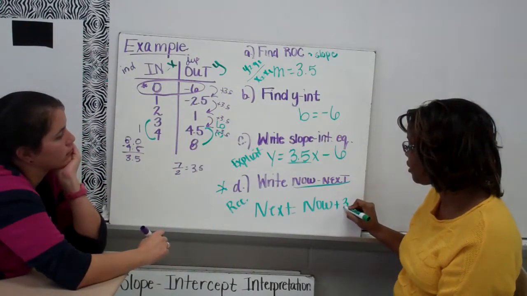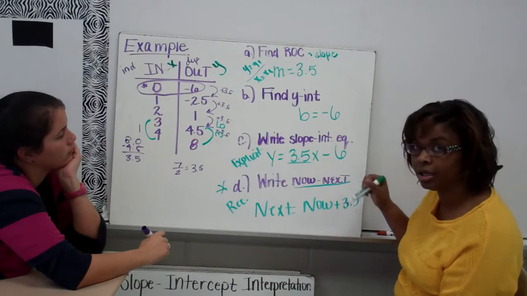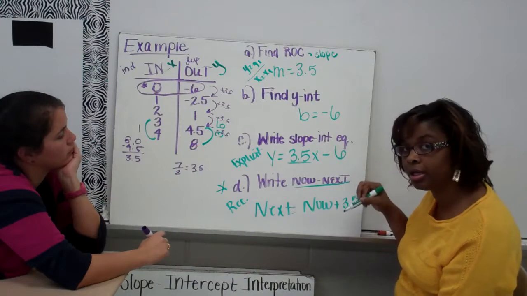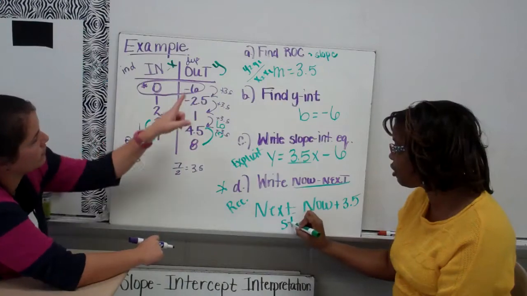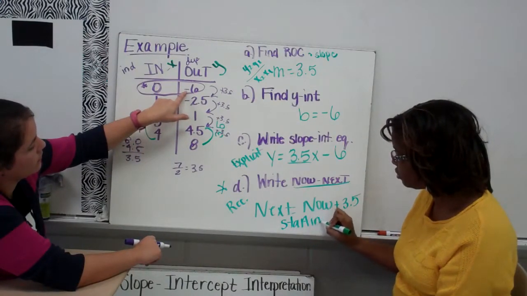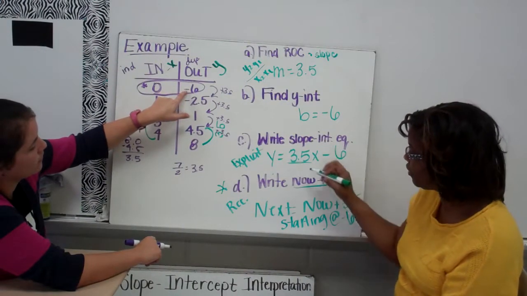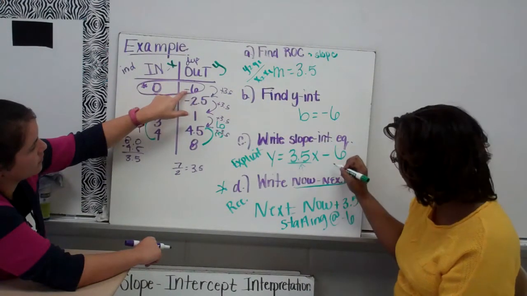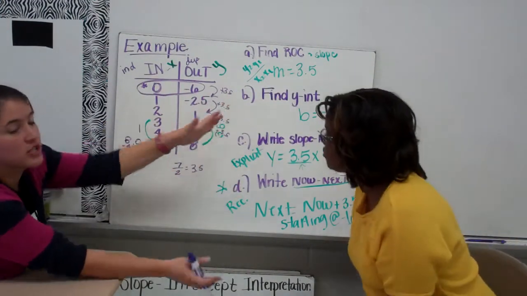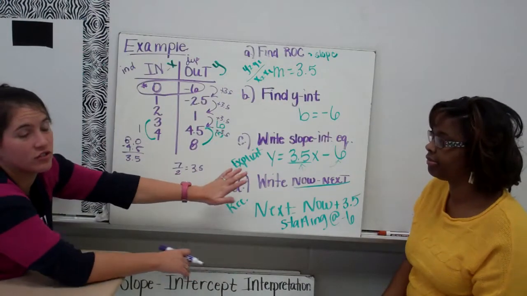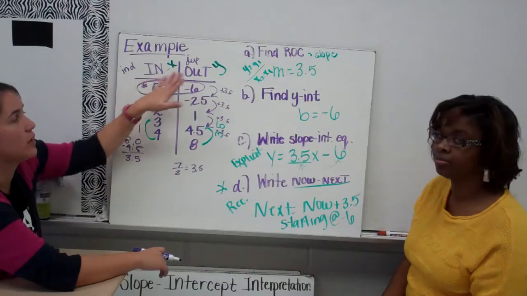So plus 3.5, and we talked about this earlier in the year, it's repeated addition. Multiplication means repeated addition. So this is what you're adding every time to get to the next number. But you're starting at -6. So that's how you would write it. This would be what you're adding every time, and this b is your starting amount. So this kind of bridges together what we did last unit with recursive equations, explicit equations, and now putting it all together into input-output.